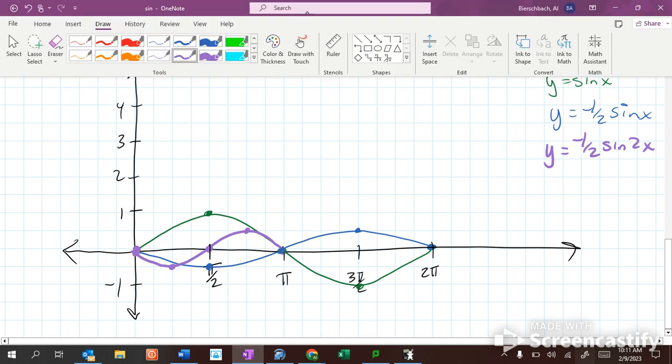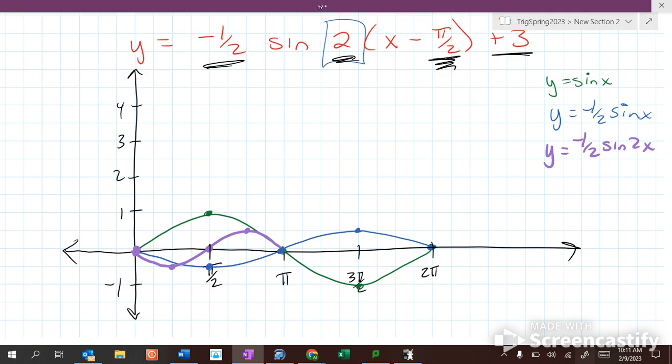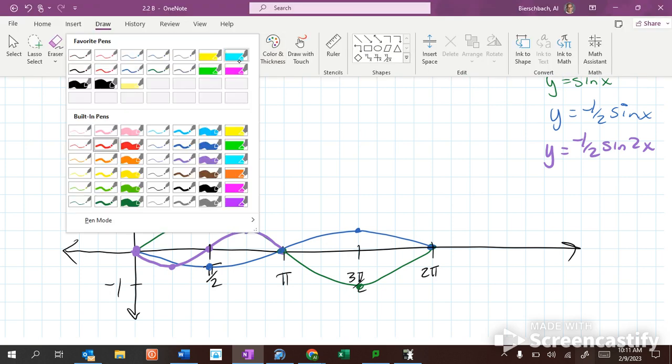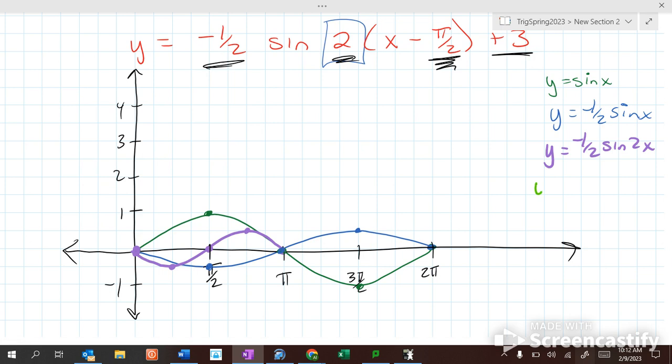Now, we're going to subtract pi over 2 from that. So y equals negative 1/2 sine of 2 times x minus pi over 2. So everything goes pi over 2 to the right. How many squares is pi over 2? 4. So I just take the purple one and move everything over 4.